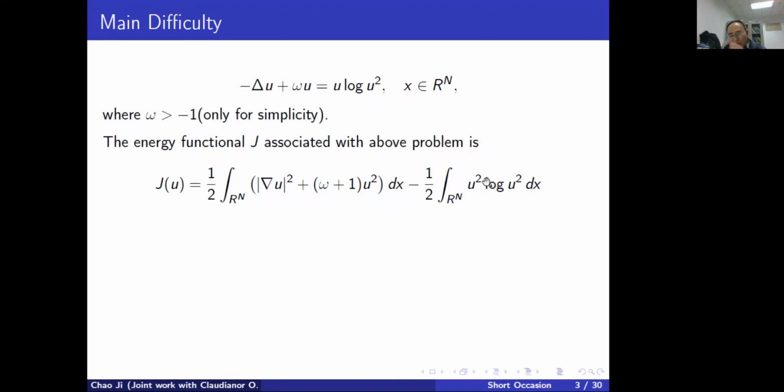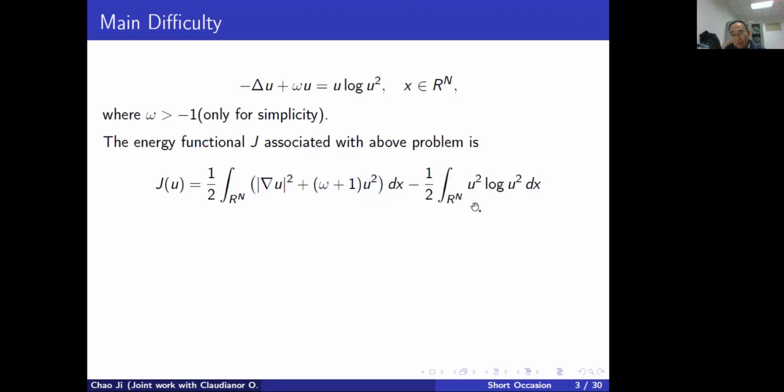So if the absolute value of u is small and near 0, this function can be controlled by c times the absolute value of u to the power alpha, where alpha is between 0 and 2. It's very important for our problem.